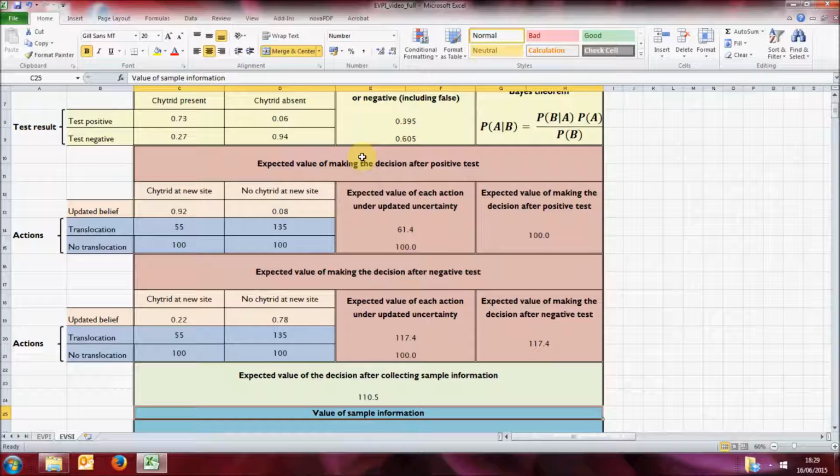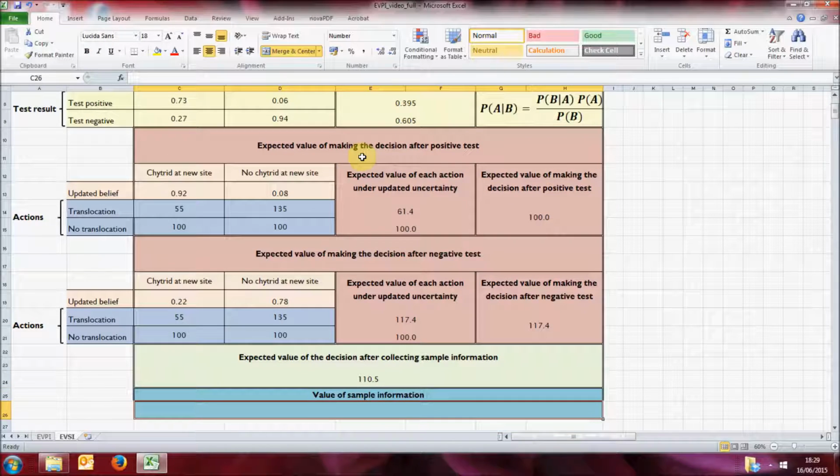In total, after collecting the information, the expected value of the decision is 110.5 individuals.